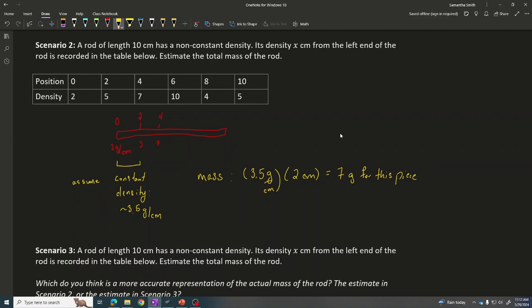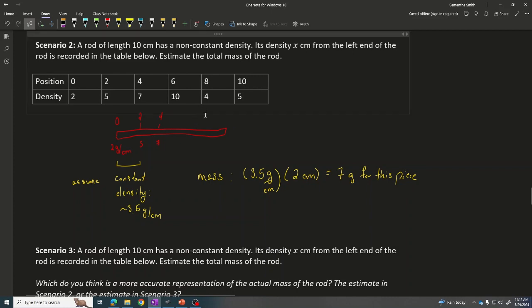And to get the total mass, I would simply have to do assumptions and calculations like this for each of the chunks of rod that I'm given to work with. That estimate of the mass is probably going to be pretty bad.